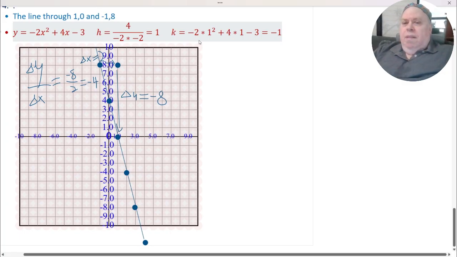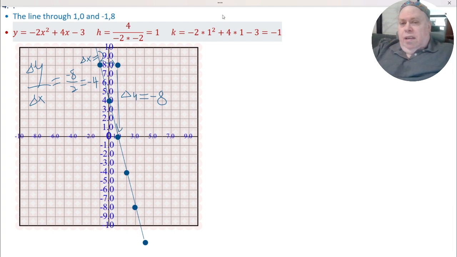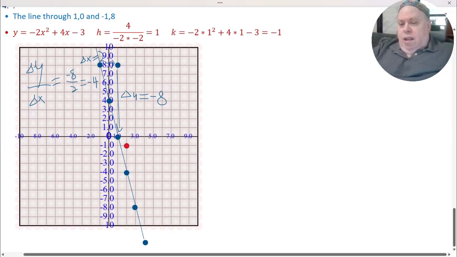Because this is minus 2 plus 4 is plus 2 minus 3 is minus 1. And so that gives me, okay, I'm going to now start doing red. And so I'll put down the vertex at 1, minus 1. And it's a minus 2x squared quadratic right over there.